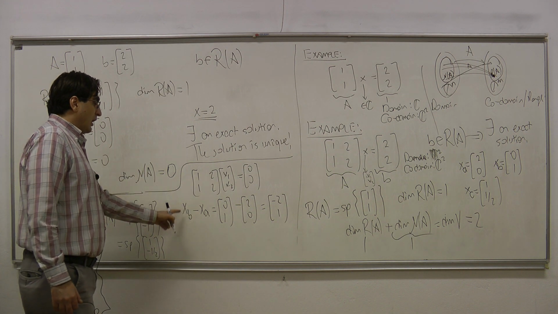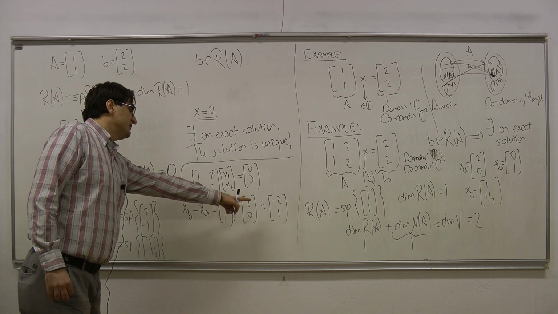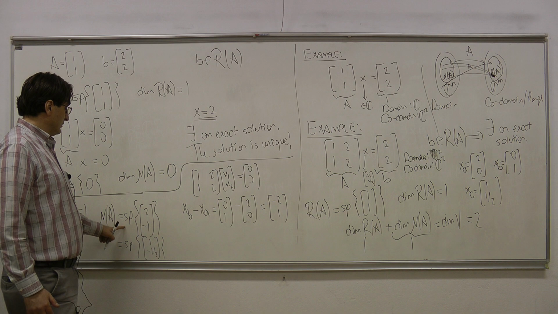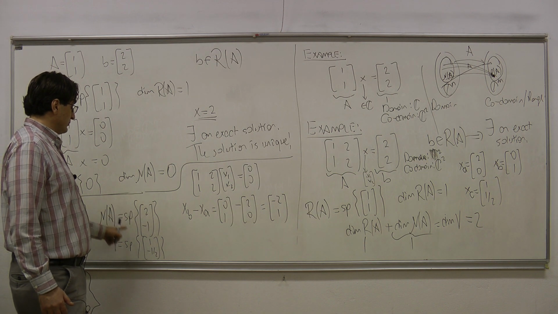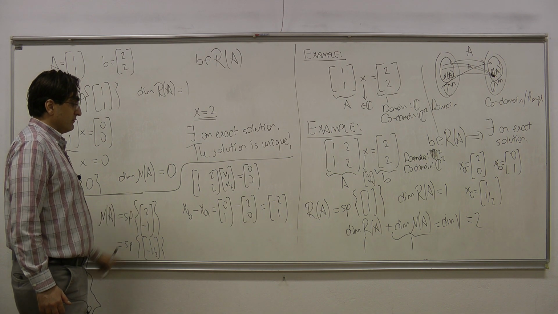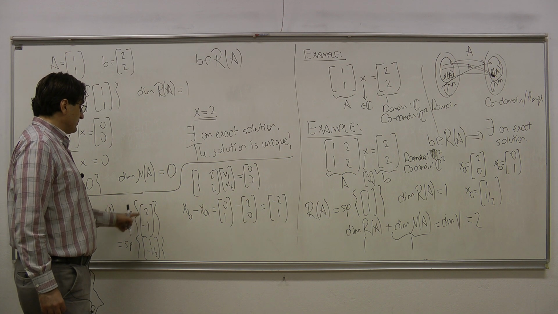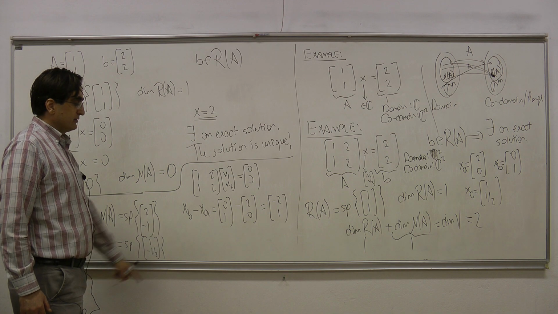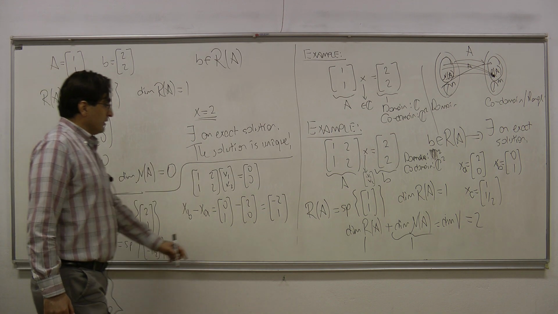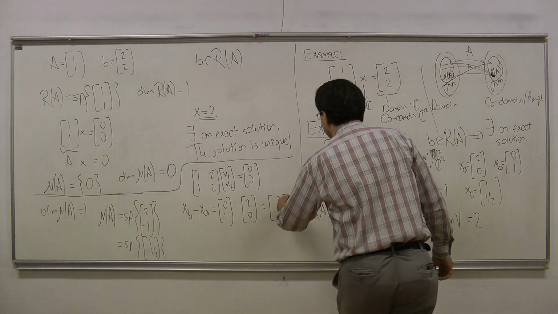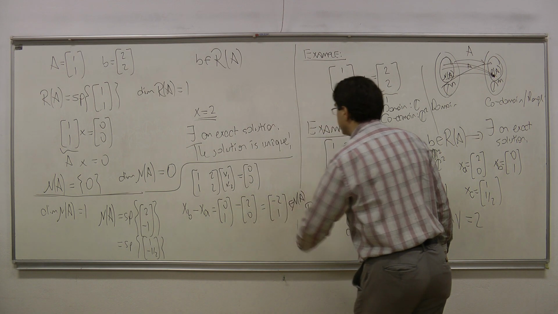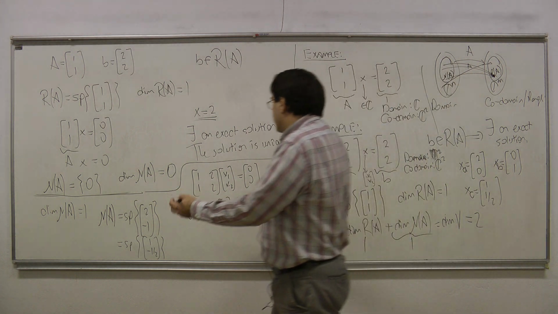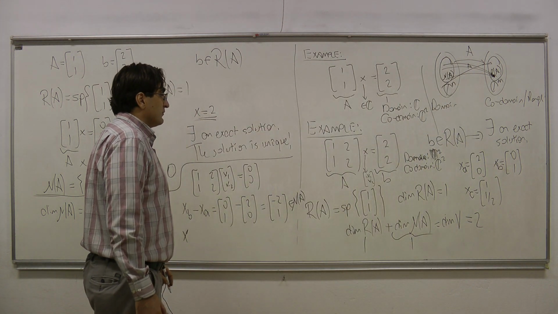So now I will ask you whether that difference vector is inside the null space of A. The null space of A is the span of this single vector, and you see that if I multiply this vector with minus 1, I get that difference. So this difference is actually inside the null space of A for this example. Here I will try another thing.